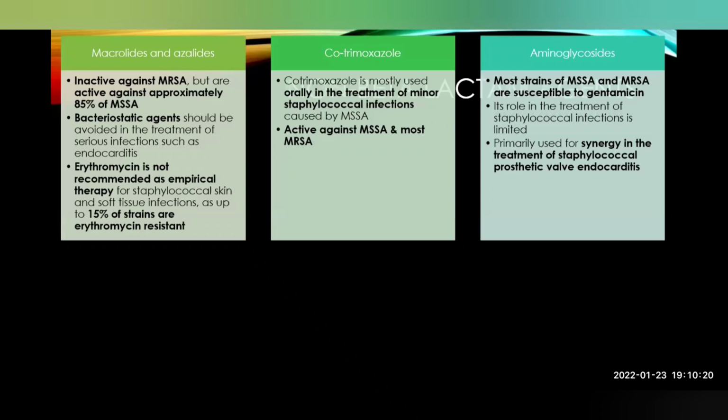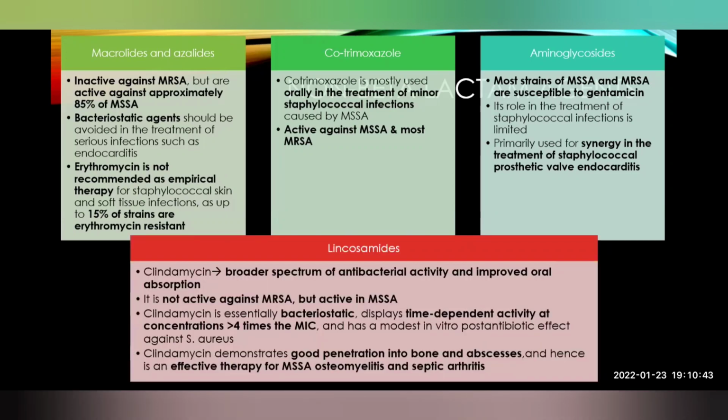And the role of amikacin or gentamicin will basically come in the treatment of your Staphylococcus-associated prosthetic valve endocarditis. Just remember, gentamicin has no role in native valve endocarditis, but it comes into the picture in the treatment of your prosthetic valve endocarditis. But in most other situations, this is not used.